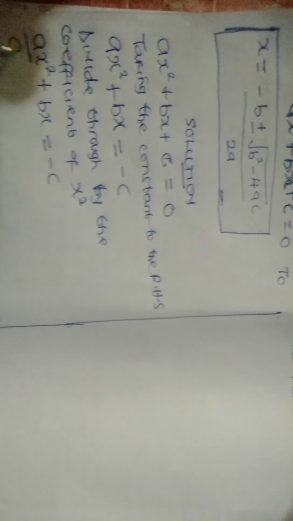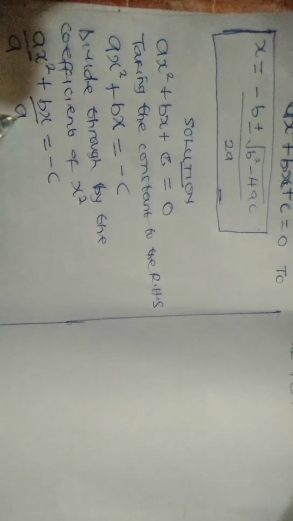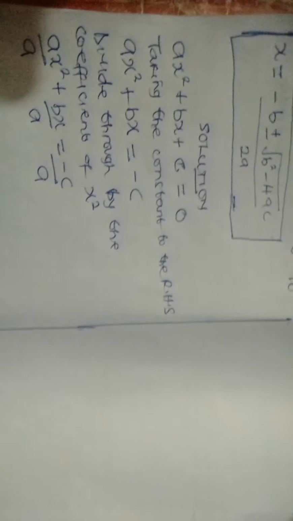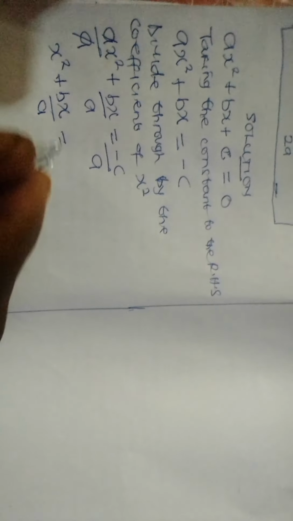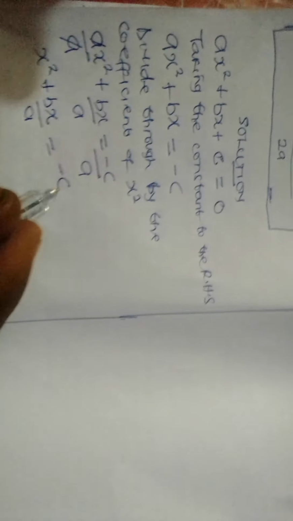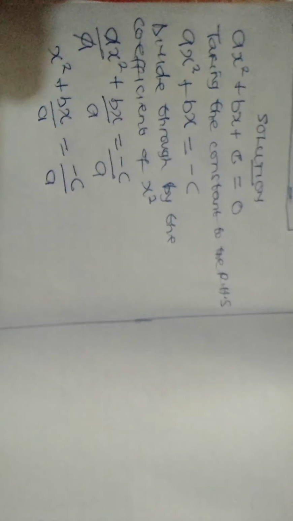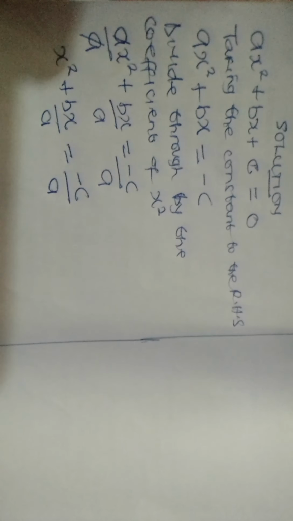Now this over a, this over a, and this over a. So this cancels this, and we're now left with x squared plus bx over a equals minus c over a.